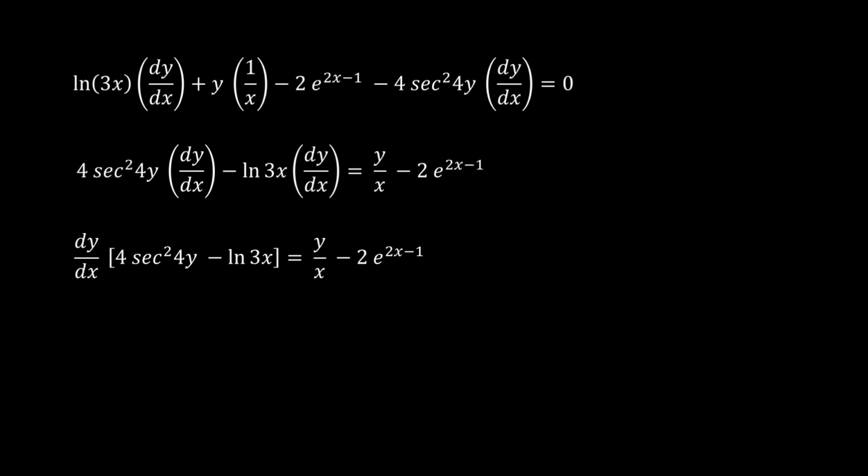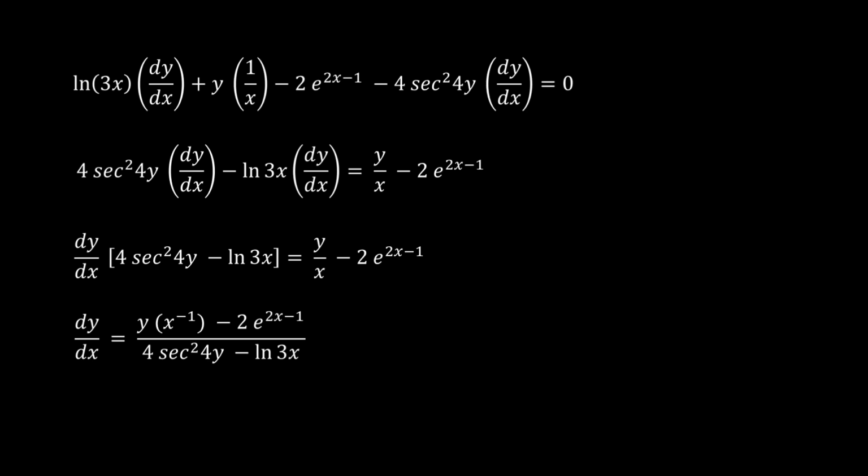And then we must make sure that dy over dx is singly on the left. So 4 secant squared of 4y minus ln 3x must be moved to the right. And then we get dy over dx equal to y over x, that x must move to the top.